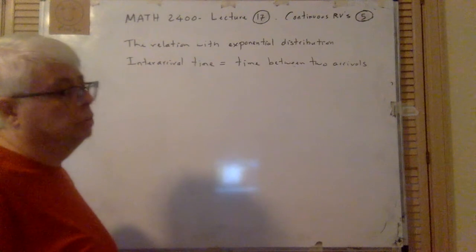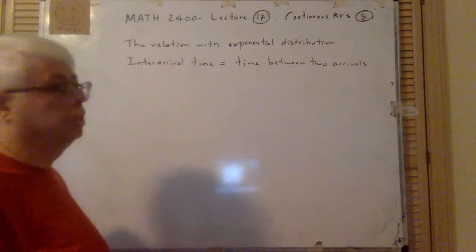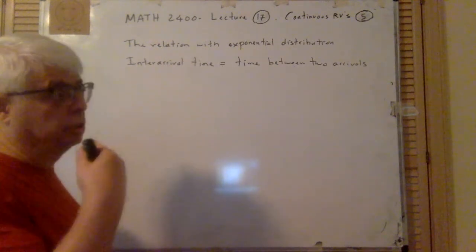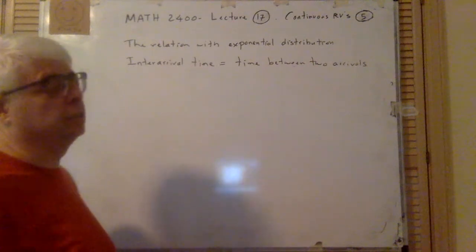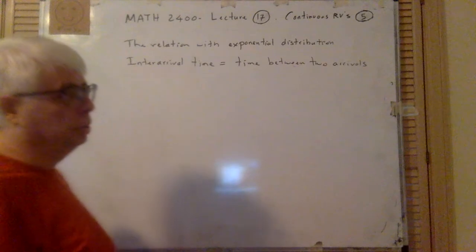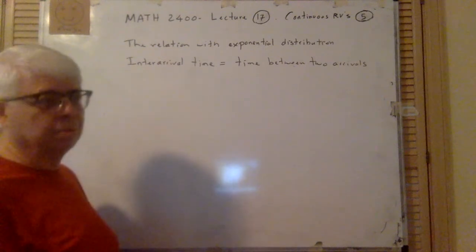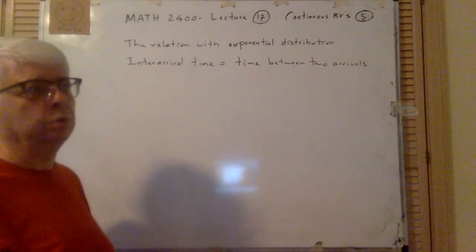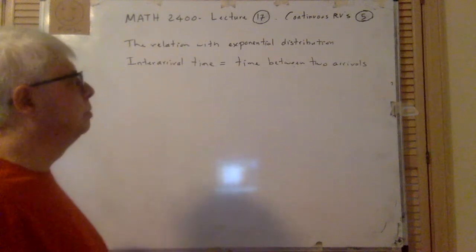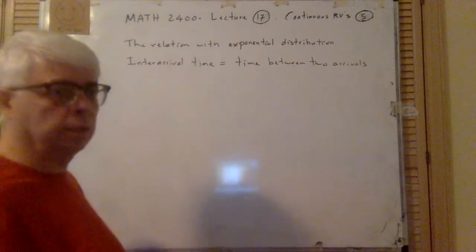And I just wait, boom, another person arrives. Wait. Now this time that I spend waiting for another one coming in, that's the inter-arrival time. And you have a feeling that this should be random, right? People are not always getting into a bank in any order. So the inter-arrival time is the time between two arrivals, and that is in fact a random variable.